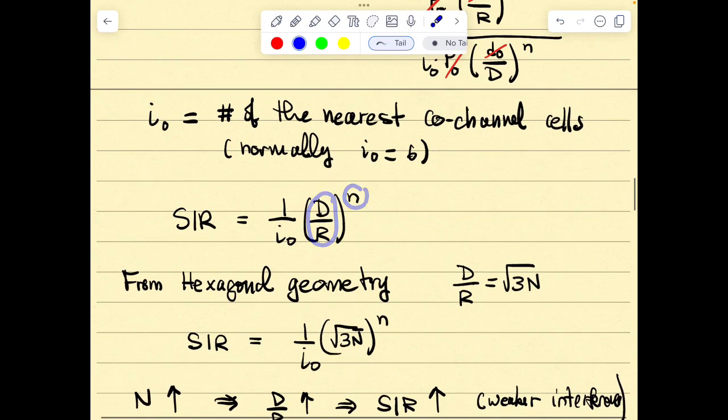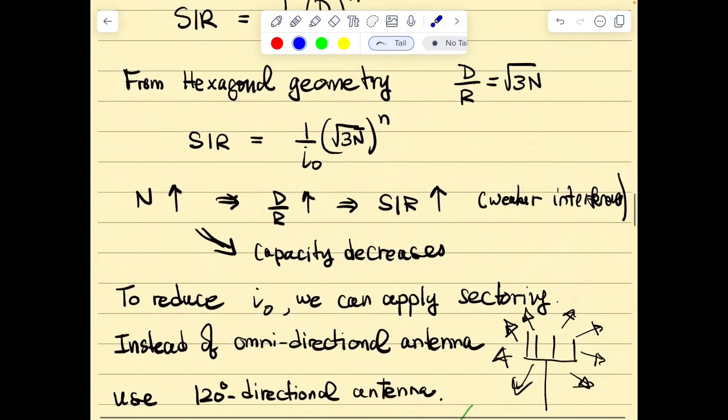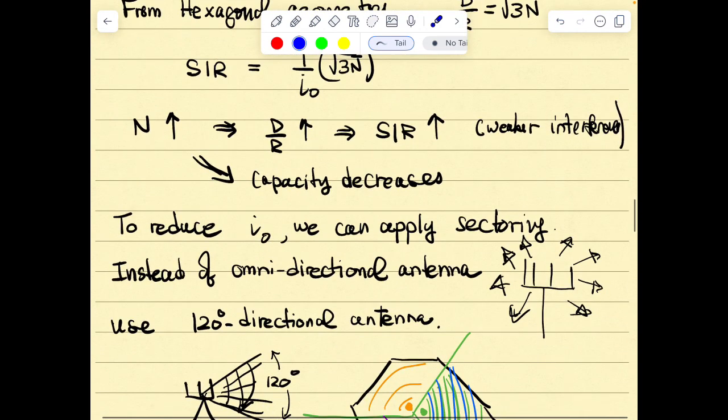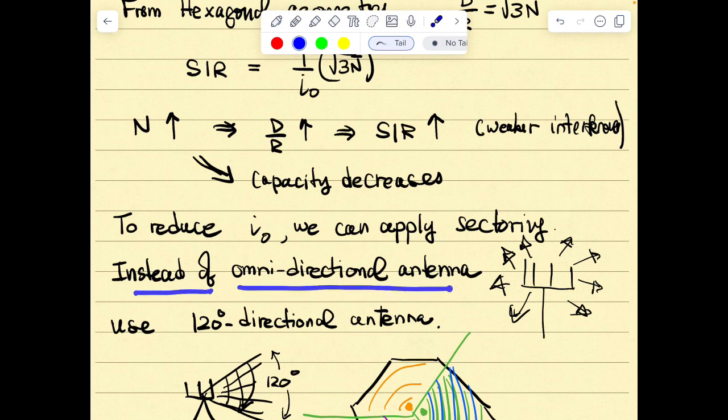If we want to increase SIR, one thing we can do is reduce I0, the number of nearest co-channel cells, and that would increase SIR. So how do we reduce I0? We can apply the technique called sectoring. Here is the antenna at the base station.